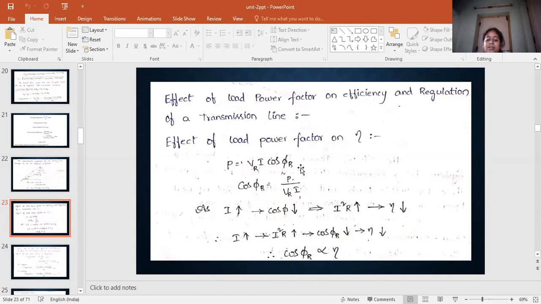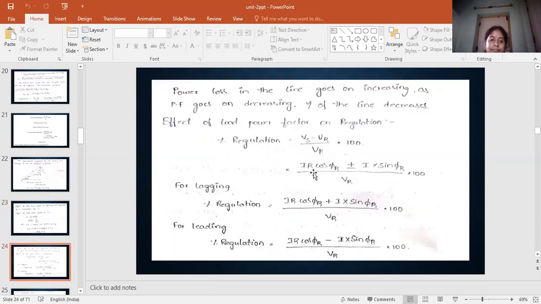Why? Because the power factor is directly proportional to the efficiency. The power loss in the line increases as power factor decreases, so efficiency also decreases.